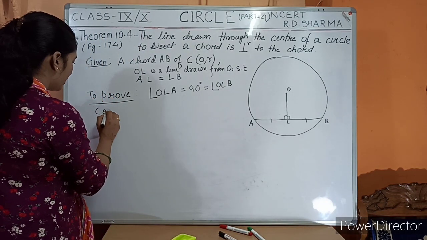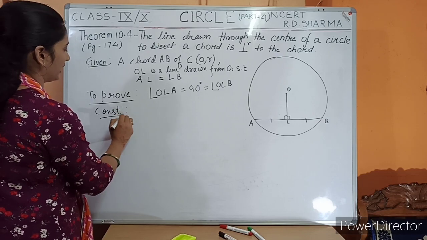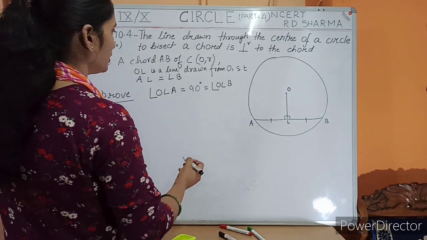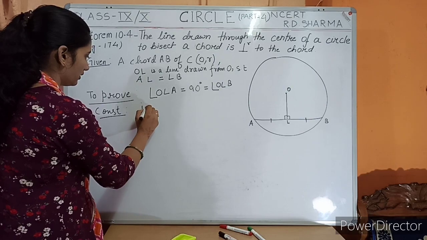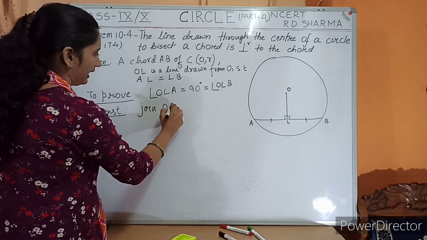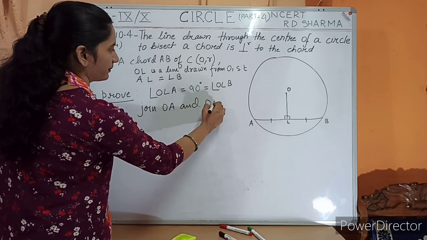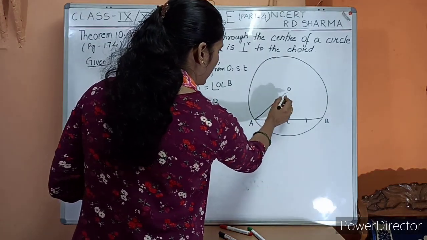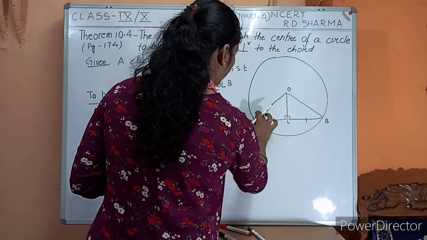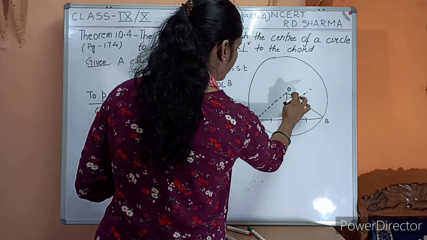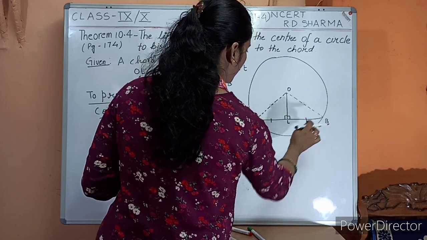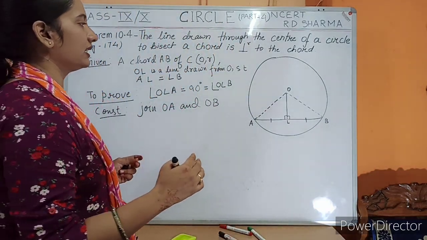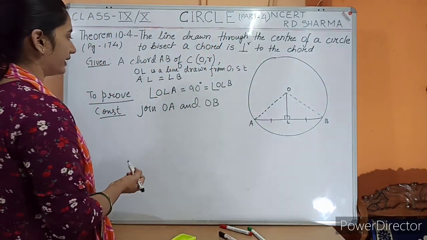Now here we are just going to do a little bit of construction. In construction we need to write join OA and OB. So let us join this. It's better if you join it with the dotted lines, because the construction part is always drawn with the dotted line.